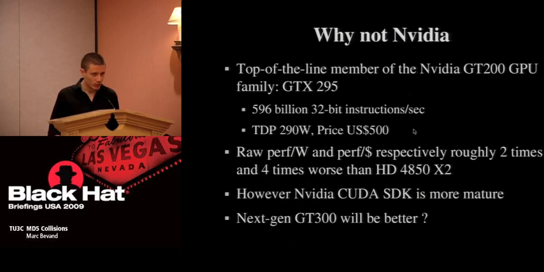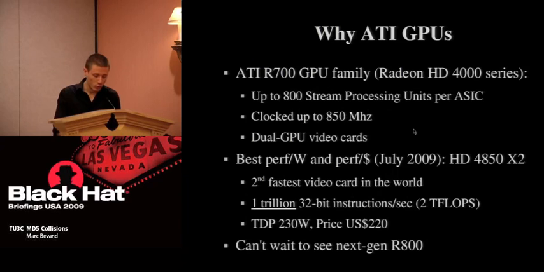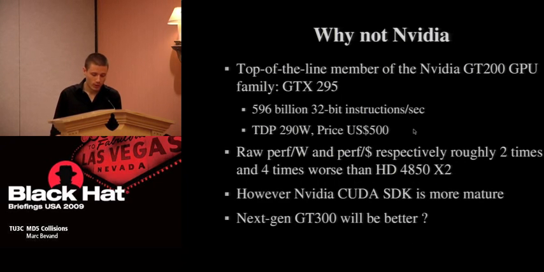Why I did not choose NVIDIA is because even their top-of-the-line card, the GTX 295, can execute only up to 600 billion instructions per second, as compared to 1 trillion 32-bit instructions per second for the HD 4850 X2. So it's about half the performance.